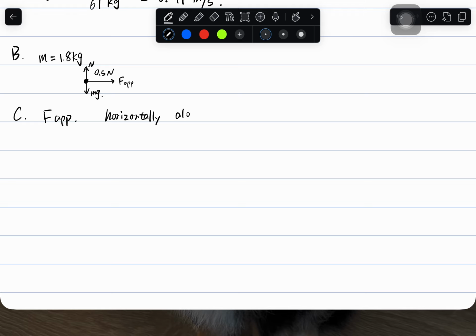The normal force is vertically upward, since it's exerted by the surface. And the weight is vertically downward, towards the earth.